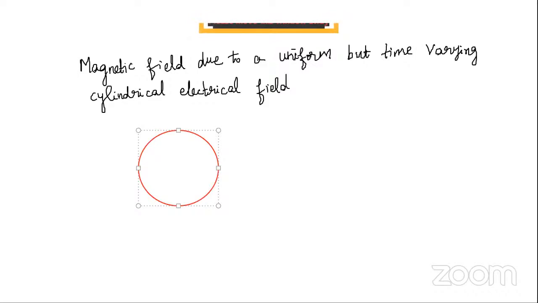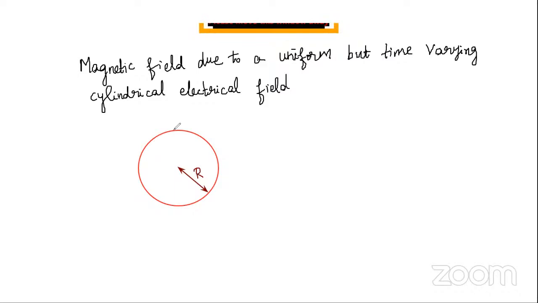So the radius for this circle is nothing but capital R, because here the electric field is confined to a cylindrical region. The radius of the cylindrical region is capital R. And here I have shown you the cross-sectional view of the cylindrical region.